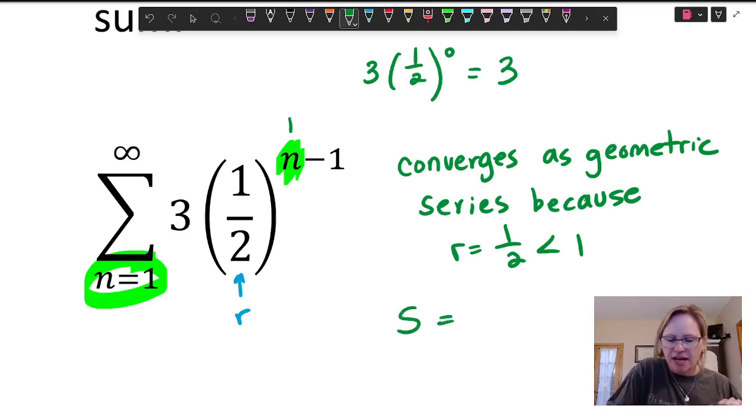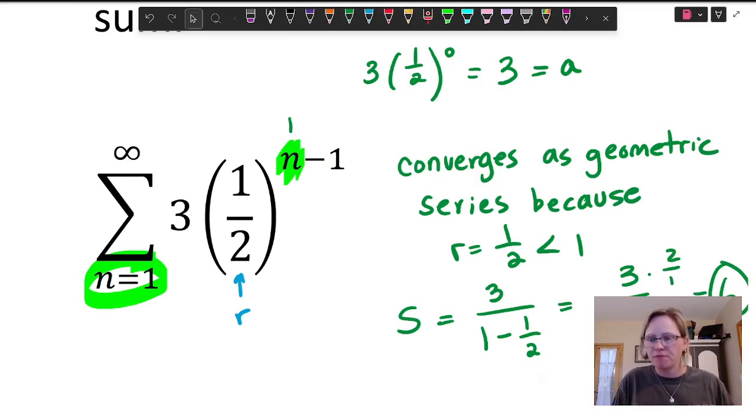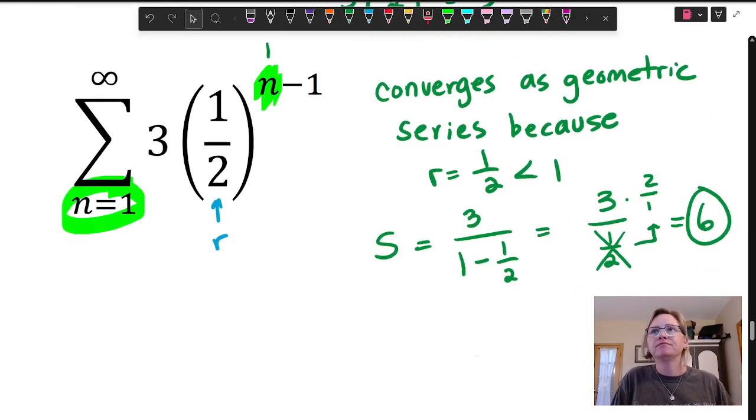We're going to take that a value, the 3 that we found when we plugged in that first number for n, and divide it by 1 minus r, 1 minus 1/2. When we simplify, we get 3 divided by 1/2, flip that fraction, multiply by the reciprocal, and we get that this series converges to a value of 6.